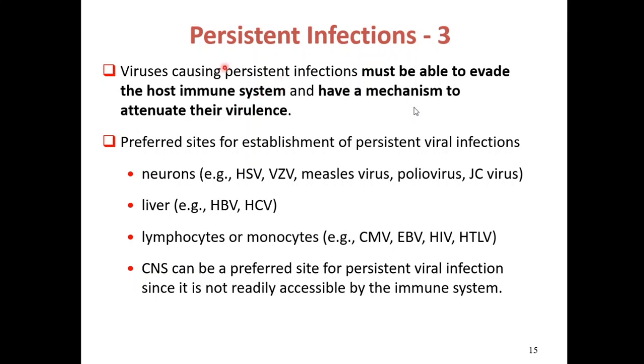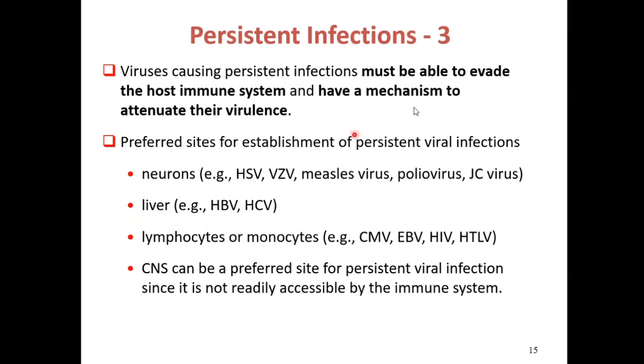So they have to really have a way of evading, but also attenuate their virulence, because when their virulence is high, or the way of causing disease is high, then it will be acute, or it will kill the host fast. It will then not be persistent as chronic or latent.